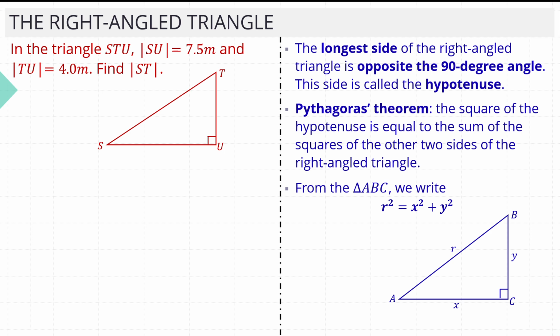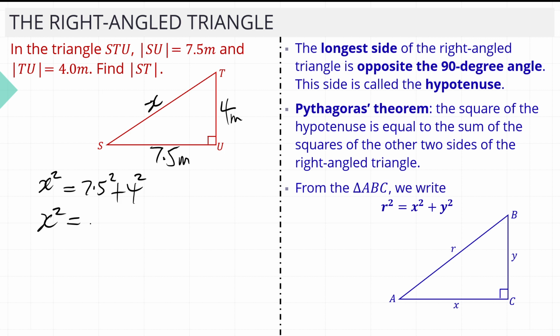Now we have a question here. In the triangle STU, we have side SU equals 7.5 meters and the side TU equals 4 meters. Find the side ST. Okay. Side ST is s. So the square of the hypotenuse, s squared, equals the sum of the squares of the other two sides.